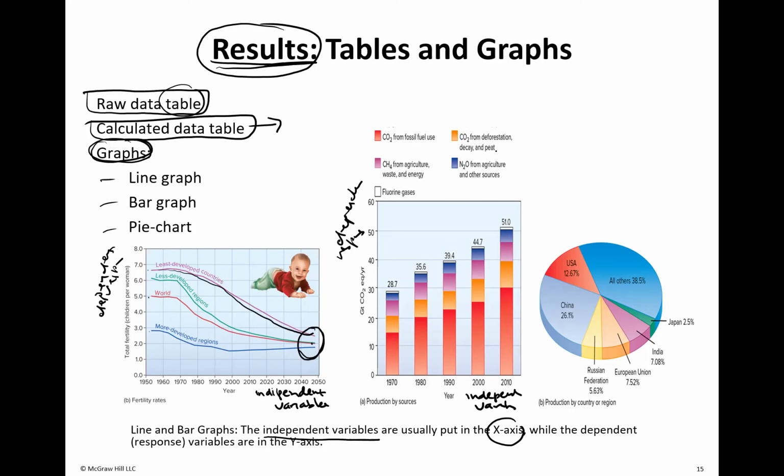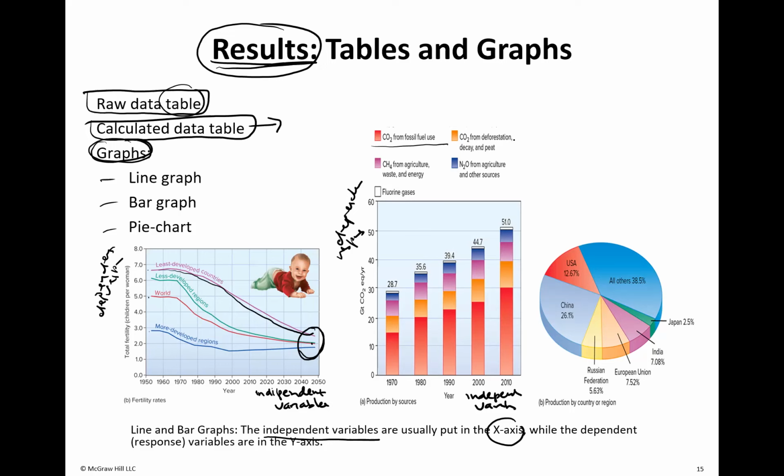So there are 4 actually over here: carbon dioxide, methane, nitrogen oxide, and fluorines. The carbon dioxide is divided into 2 types: from fossil fuel, like from transportation, from the cars, and so on, and also from deforestation.